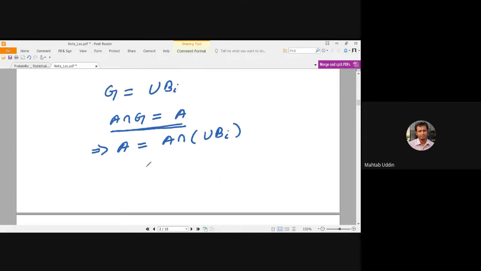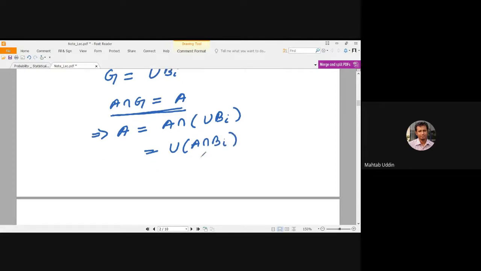Then what can we write here? Union can distribute the intersection. That is, intersection of A with each Bi, we can write it. Okay? Then if I take the probability, in case of probability, union means what? Union means sum, right?